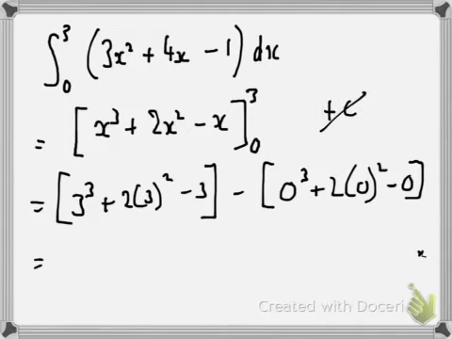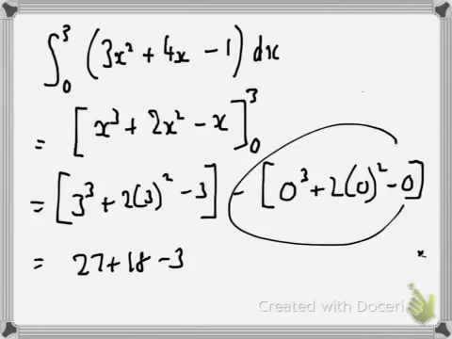We're trying to find the definite value by placing 3 and 0 in. So now we get 27 plus 18 minus 3. Of course, all of that there is going to be 0. So that's going to be my answer. 45 minus 3 is 42.